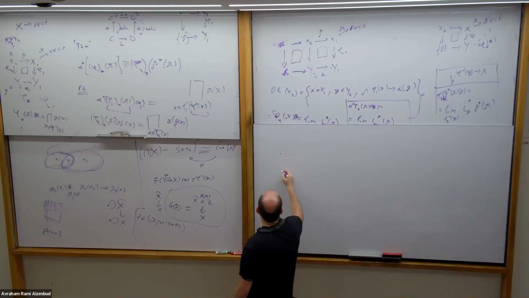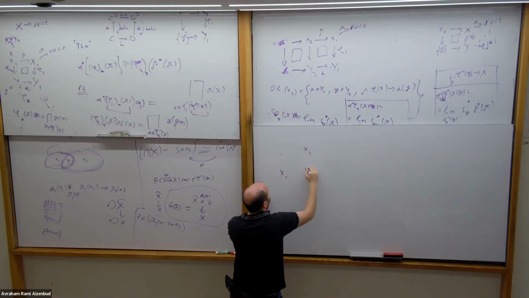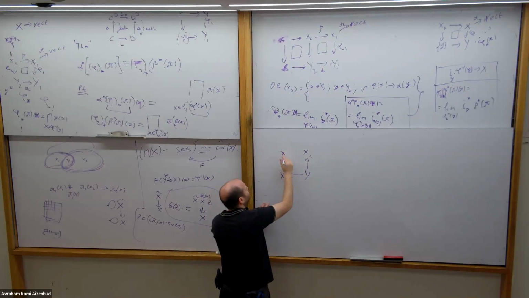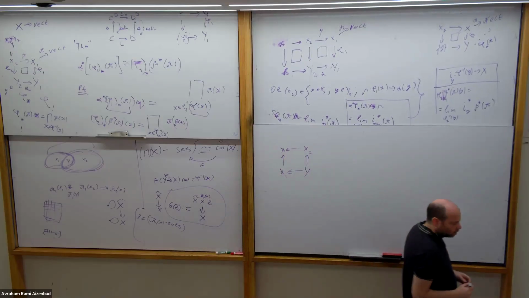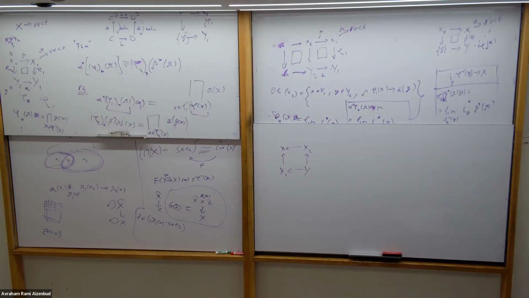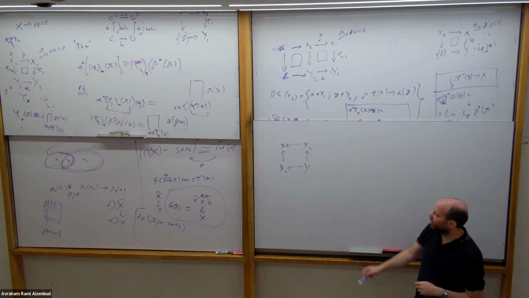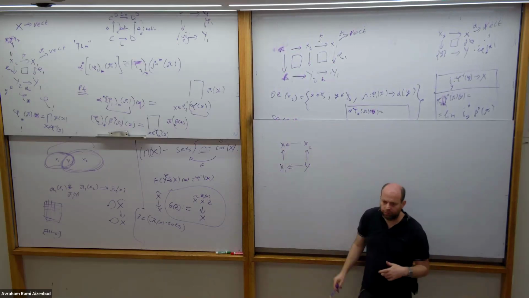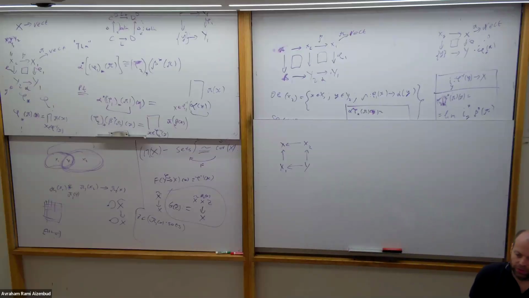We have x1, x2, y, and what we want to prove is that the fundamental groupoid of X is exactly the push out of this diagram. So basically, the procedure of taking fundamental groupoid commutes with the push outs.